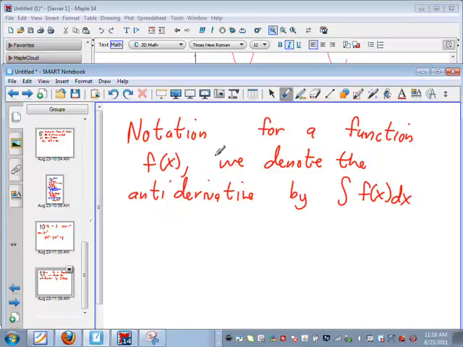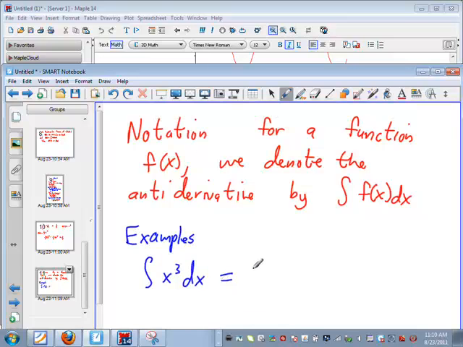So we already have some examples. So the antiderivative of x to the third we just did. Now if it's indefinite, I would need the constant. It's 1/4 x to the fourth plus a constant.